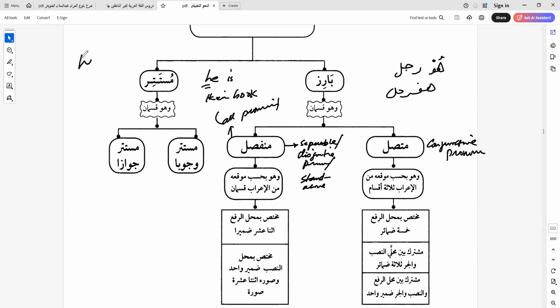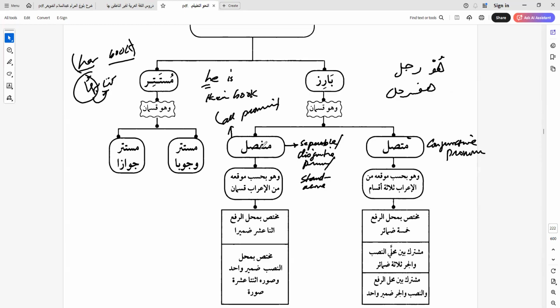Her book: her stands alone, book stands different. That is the munfasil. But in Arabic, a book, you're going to say kitabuha. So you see that the ha is connected to the kitab. That's why we call it muttasil.